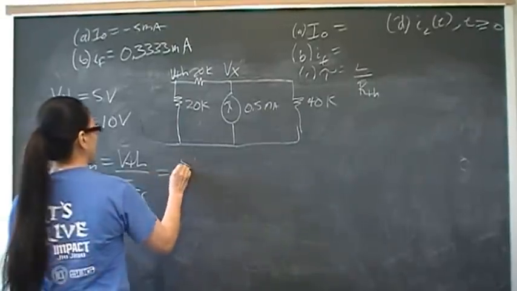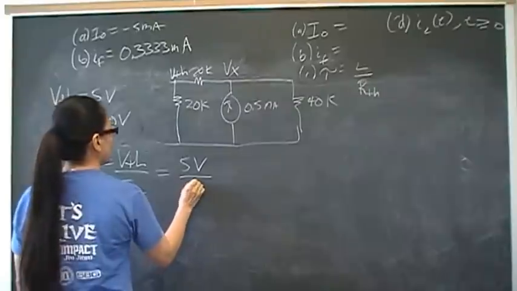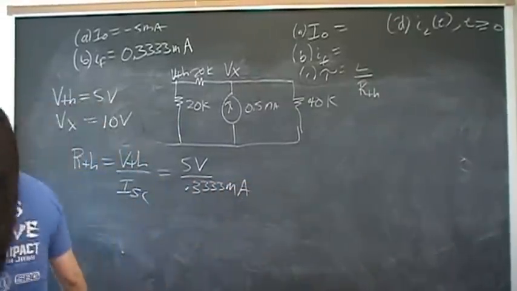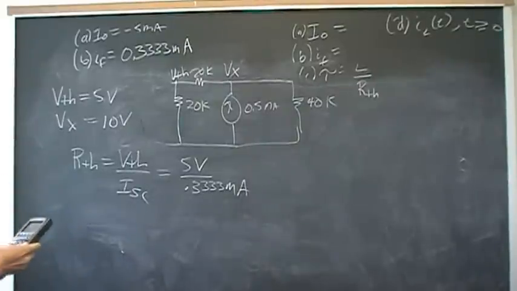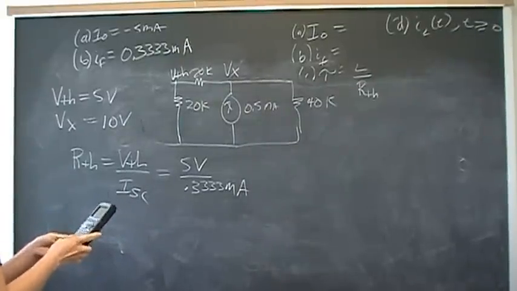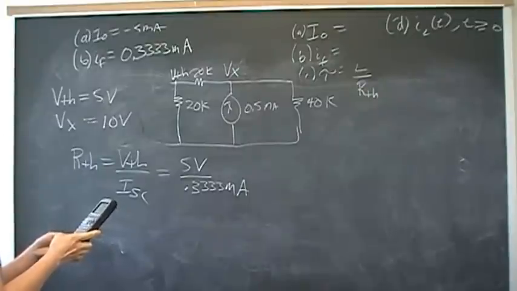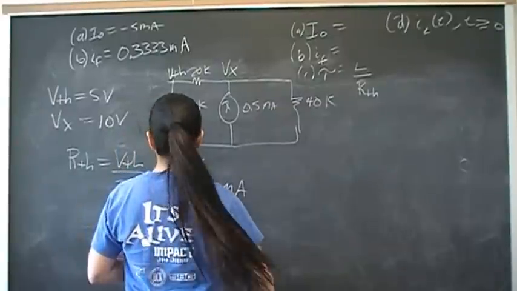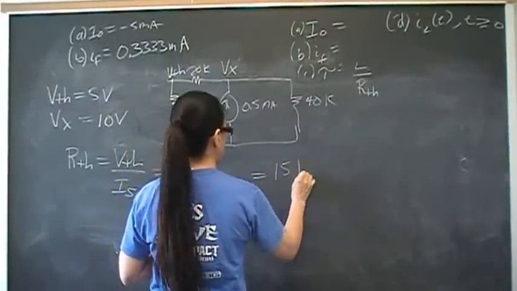So this gives me 5 volts divided by 0.3333 milliamps, and that tells me that R Thevenin is 15 kilo ohms.